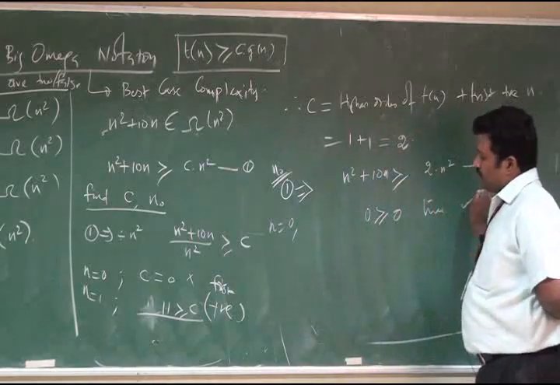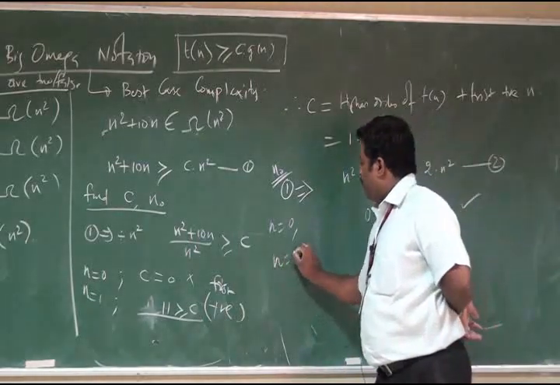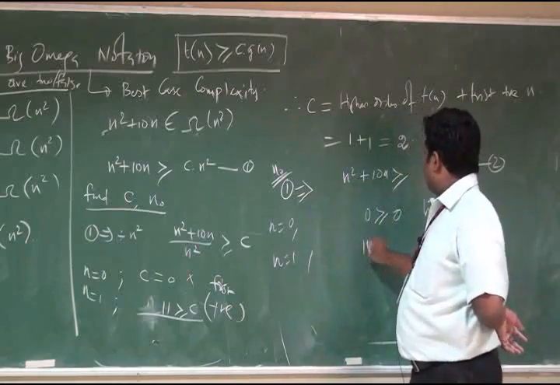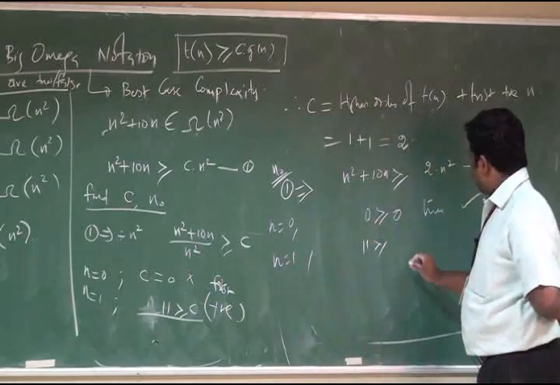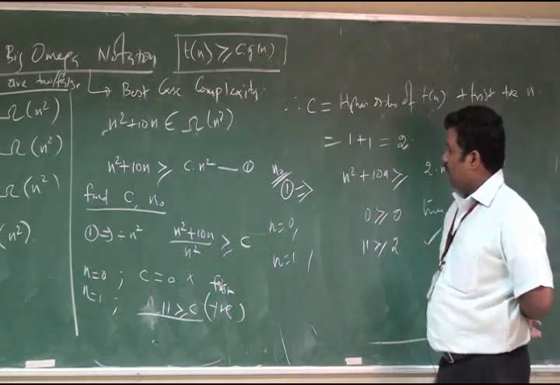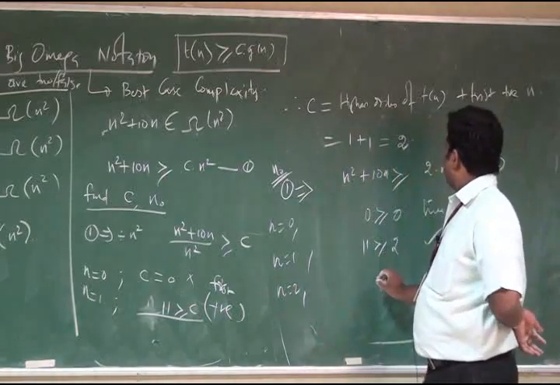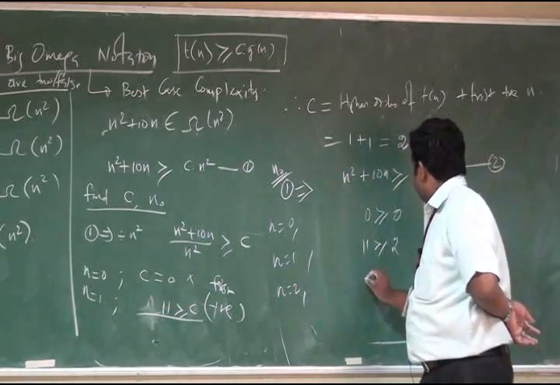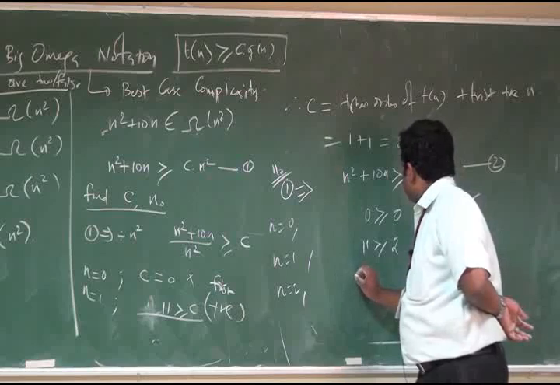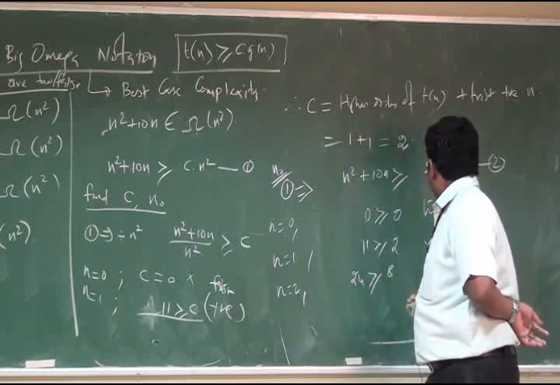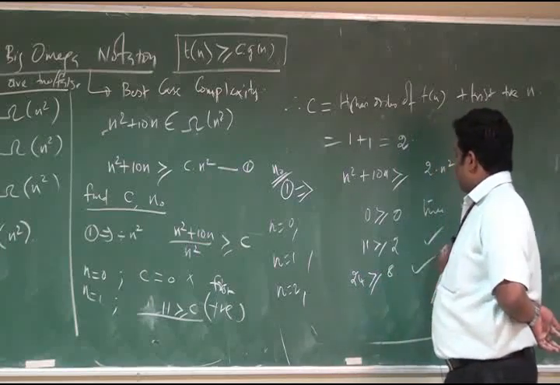It is true, yes. Now you are applying the value 1 to equation number 2. So you are getting 11 is greater than or equivalent to 2. Yes, it is true. And you are applying n equivalent to 2 now. 4 plus 20 is 24, greater than or equivalent to 8. Yes, it is true.